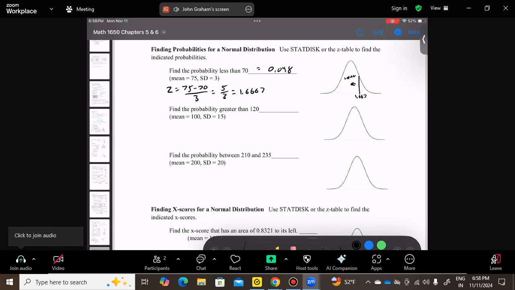I should do 70 minus 75. That makes that negative. Put that in, and you get 0.048, or 4.8%. So we're actually on this side.